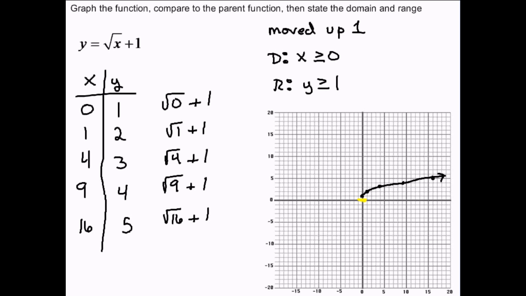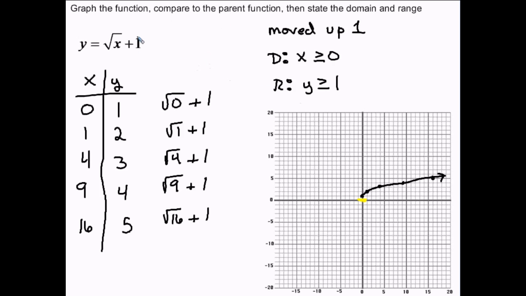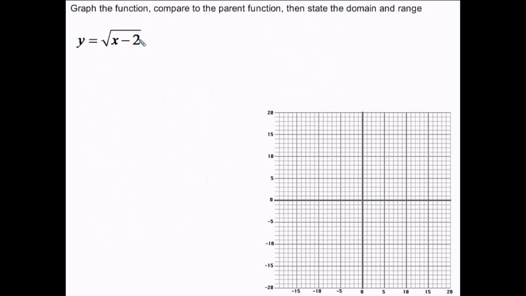Okay, so that's a translation up. We can also have other types of translations. If you'll notice, this plus 1 was outside of the square root. This minus 2 is inside. And so we have to make some adjustments here. I can't plug in 0 anymore as my first x because I'd get the square root of negative 2, and that's not allowed.